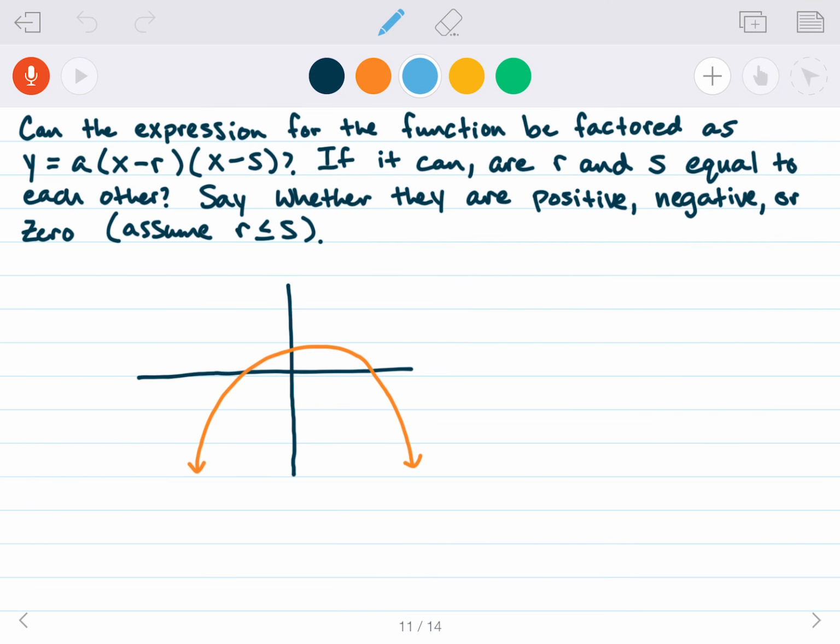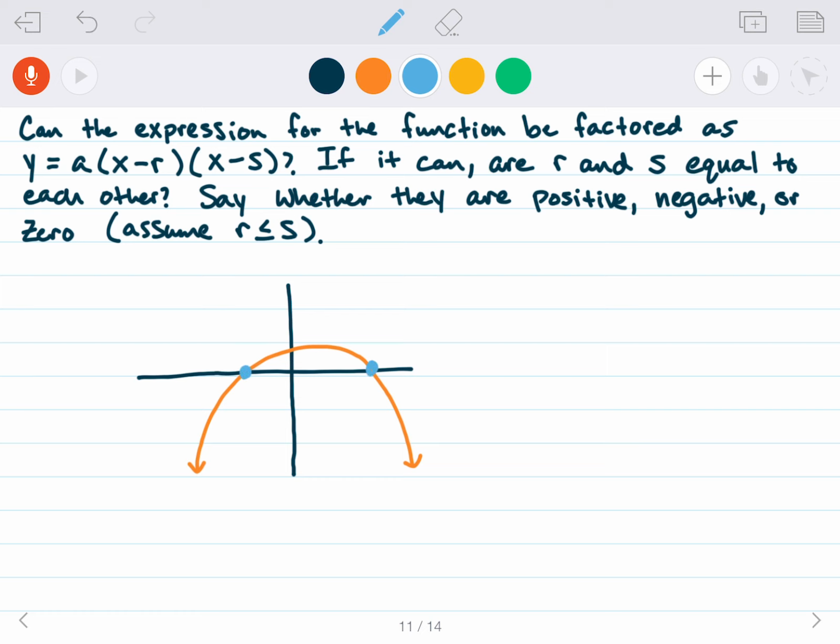Okay, so let's look at some examples of factored form. Can the expression be factored? If it can, are R and S equal to each other, and state whether they're positive, negative, or 0. Assume that R is less than or equal to S. So the first thing I see is that this graph crosses the x-axis in 2 places.